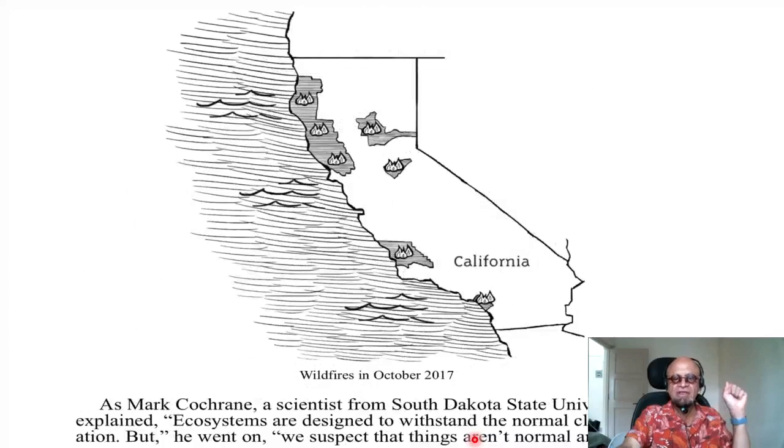As Mark Cochrane, a scientist from South Dakota State University, explained, and South Dakota is a northern state in the US close to the border of Canada, ecosystems are designed to withstand the normal climate situations, he said, but he went on, we suspect that things aren't normal anymore.